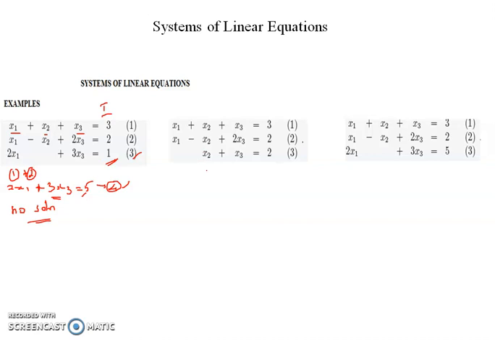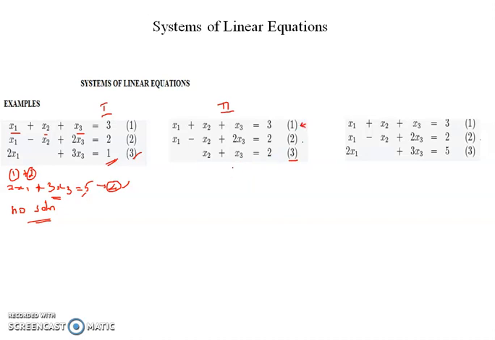Now consider the second set of linear equations. In order to solve that equation, what do you need to do? You need to first solve, that is, here you can just solve it by substituting the value of 3 in 1.